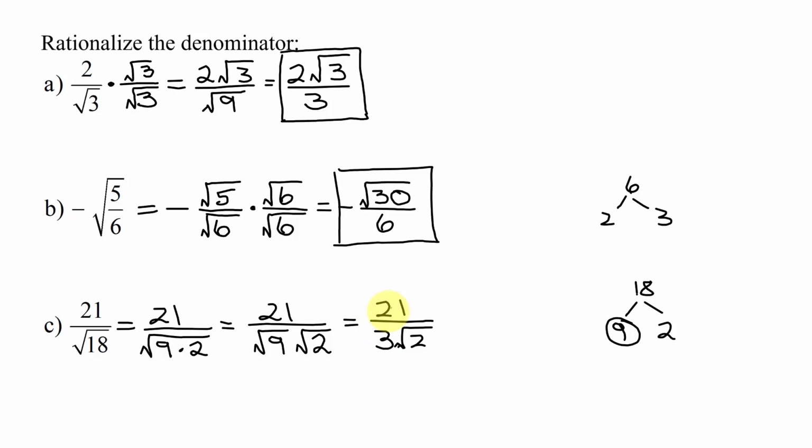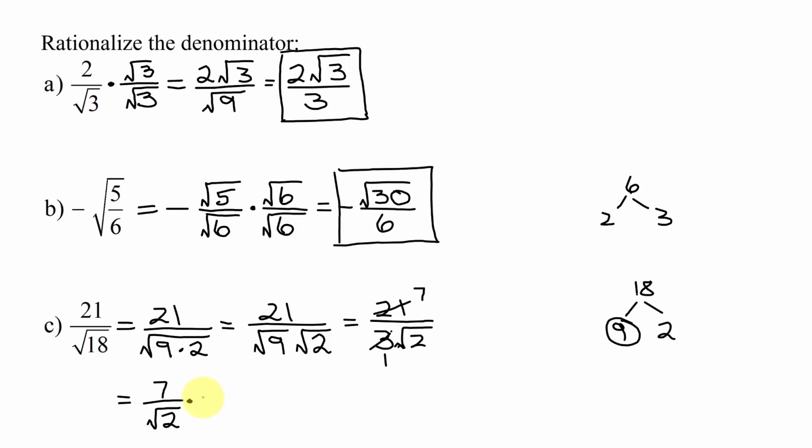Yes, neither of them are under radicals. 3 goes into 3 once, 3 goes into 21 7 times. So I'm going to get 7 divided by 1 times the square root of 2 is just the square root of 2. Now my square root in the denominator is totally simplified.